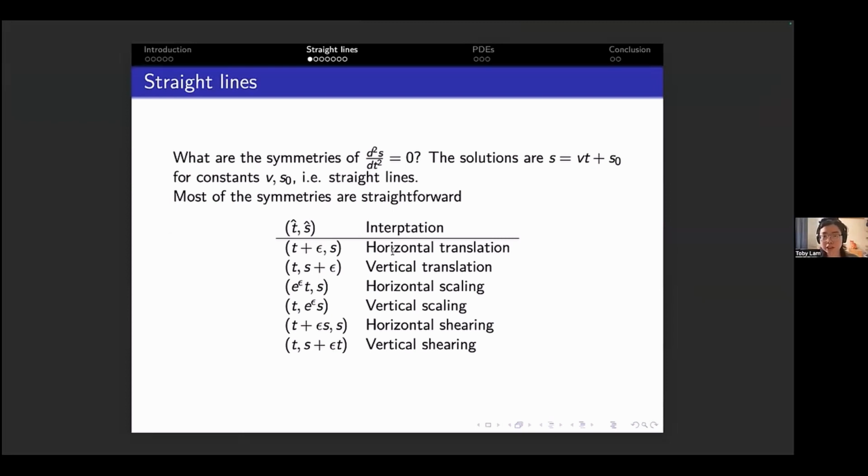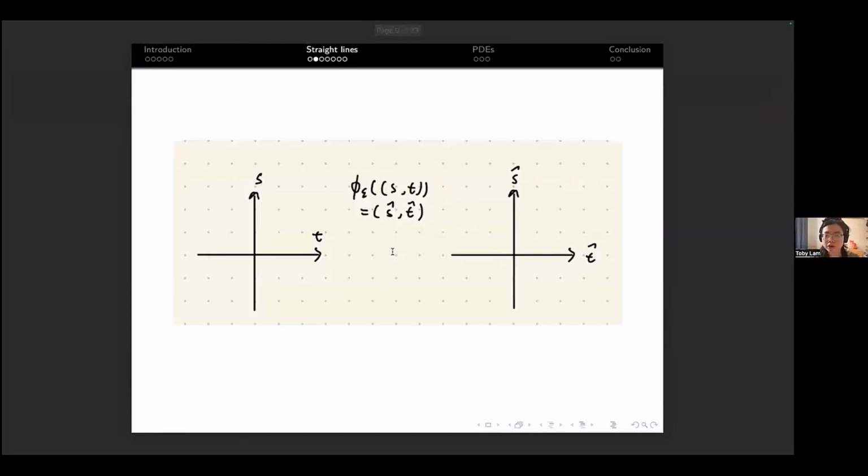Now I want to make this notion of a symmetry more precise. First of all, we have to construct a map from the real plane to the real plane. We have the left plane, which is the original plane, and the right plane, which is the new plane. And we have this phi, some function depending on the parameter epsilon, that maps the left plane to the right plane.